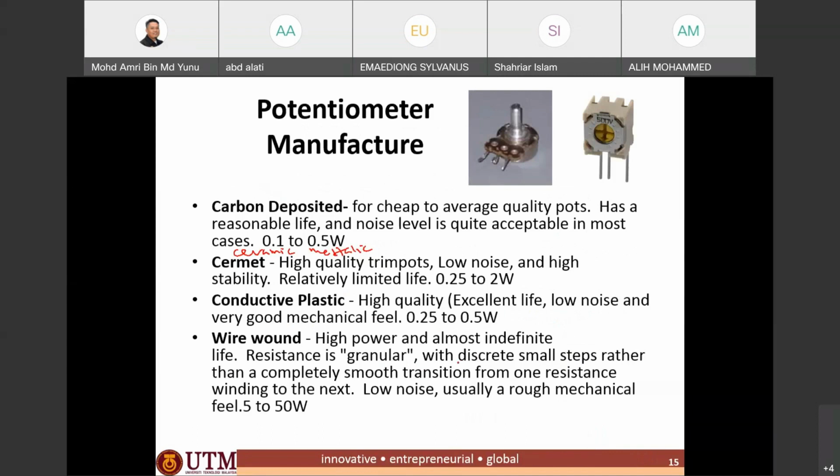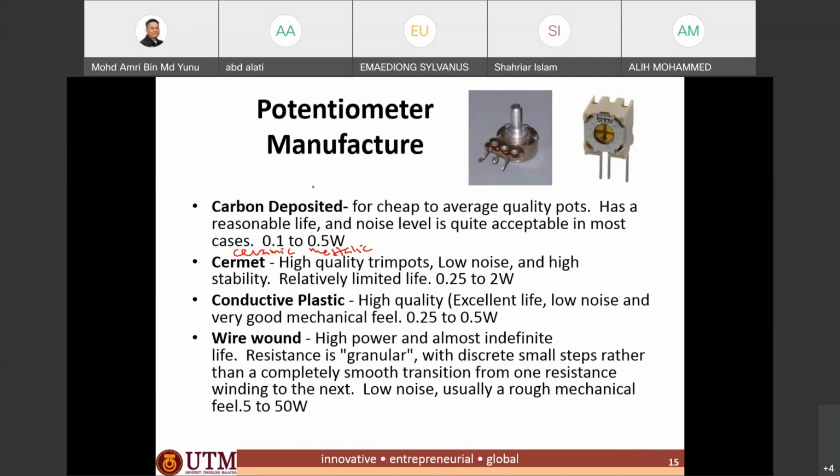The main materials that the potentiometer is made of: there can be carbon deposited.